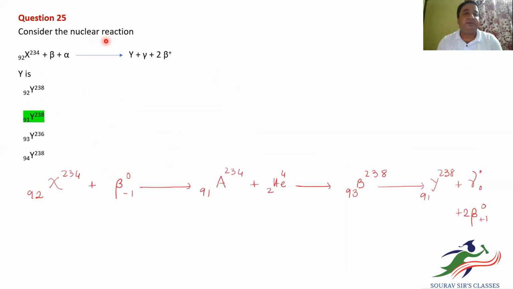The question is from nuclear chemistry. Consider the nuclear reaction: X, with mass number 234 and atomic number 92. It is being added to a beta particle, then added to an alpha particle, to form Y, leaving out gamma radiation, and there is an emission of positrons, which is beta plus.